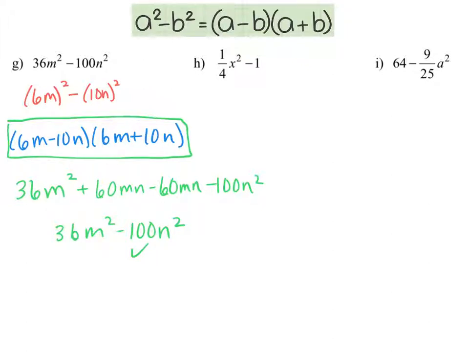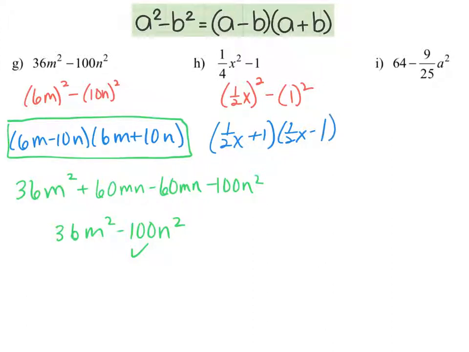In example H, we also recognize that this is a difference of two squares. 1/4 x squared can be written as the quantity 1/2 x squared, minus 1 squared. So our factored form can be written as 1/2 x plus 1 and 1/2 x minus 1.